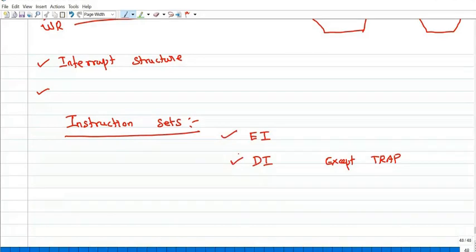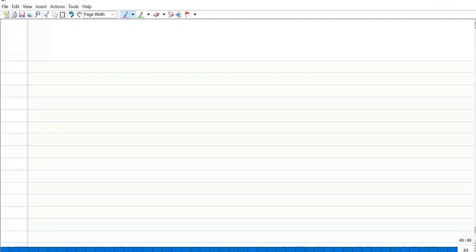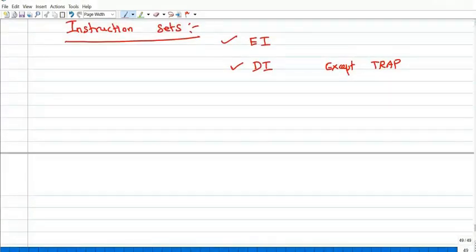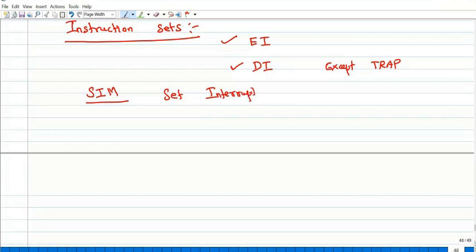So apart from these two, we have two more instructions. The first one is the SIM instruction, set interrupt mask.